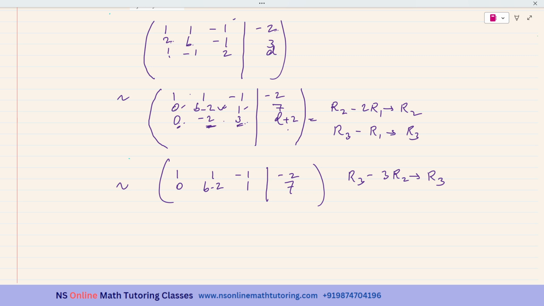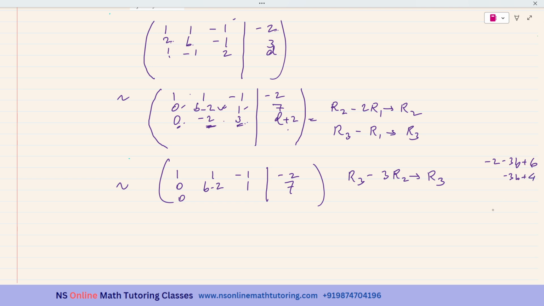So 0 minus 3 times 0 is 0, and this is minus 3 times what is it? This r3 is minus 2, and minus 3 times b is minus 3b, and minus 3 times minus 2 is plus 6. So this is minus 3b plus 4.